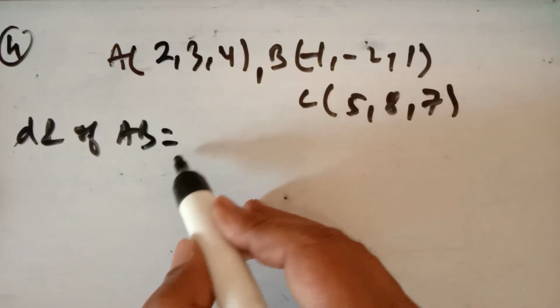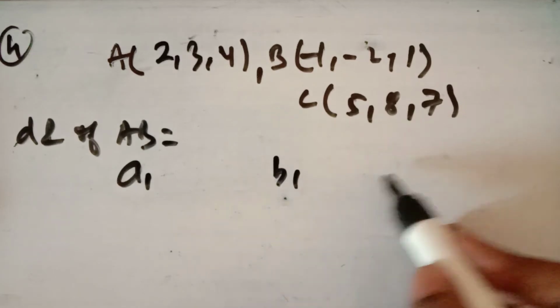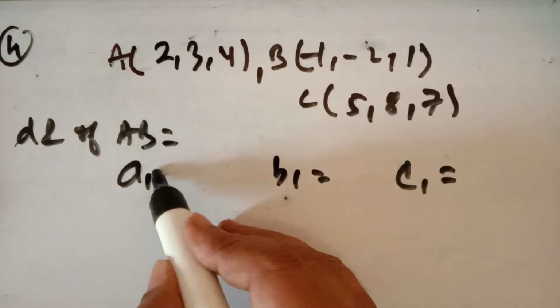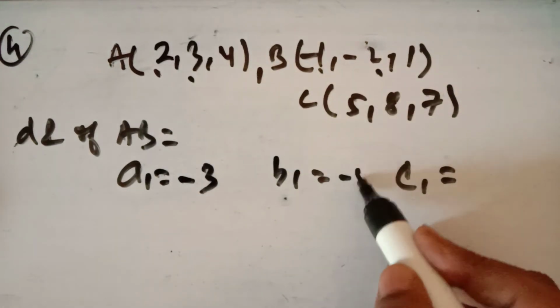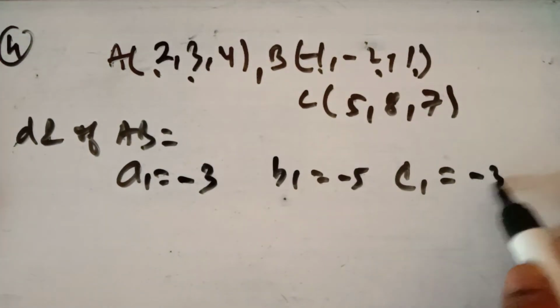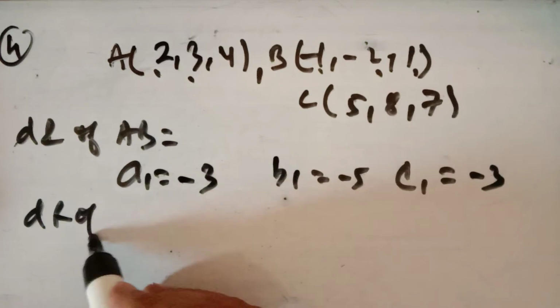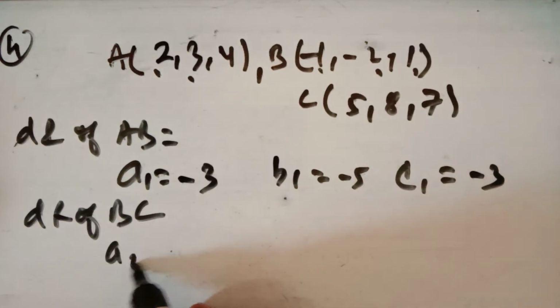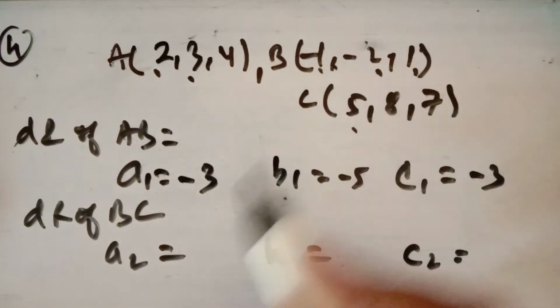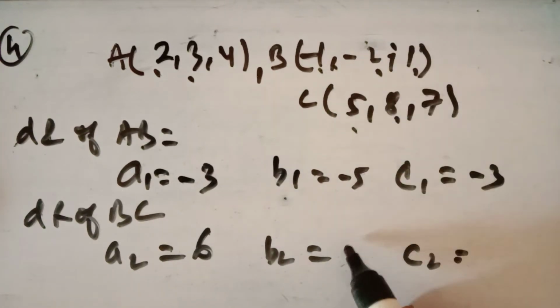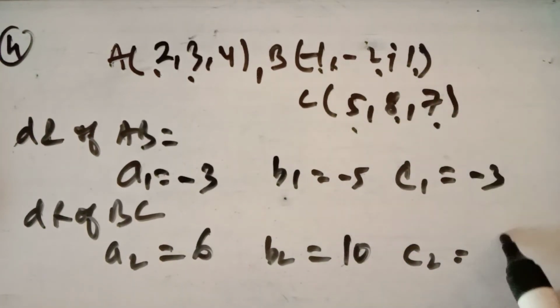Let us call it A1, B1 and C1, which is x2 minus x1, that is minus 3, y2 minus y1, that is minus 5, z2 minus z1, that is minus 3. Then find the direction ratio of BC. Let us call it A2, B2 and C2: x2 minus x1, that is 6, y2 minus y1, that is 10, z2 minus z1, that is 6.